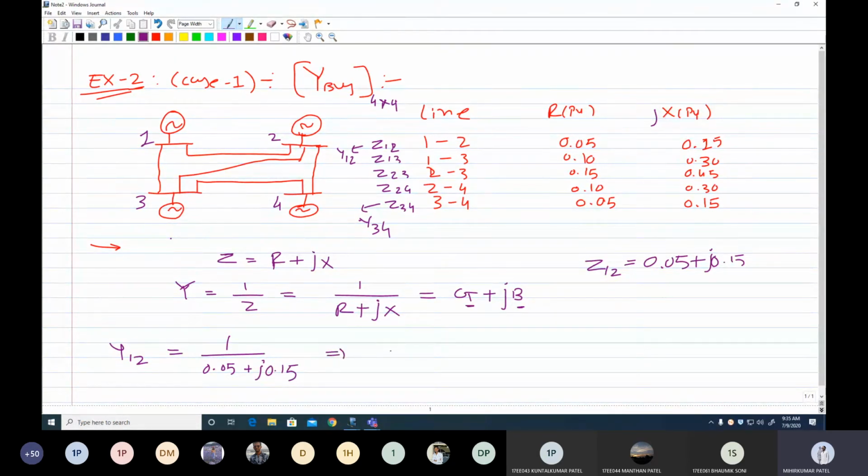Just convert it into polar form. Everyone needs a scientific calculator for this example. In polar form, it is 0.1581 angle 71.56.